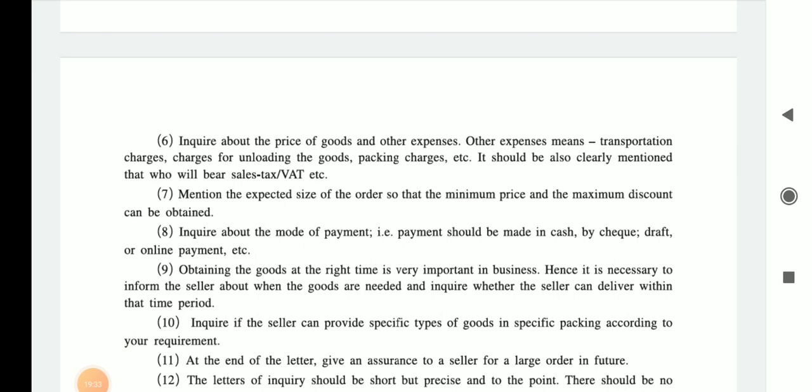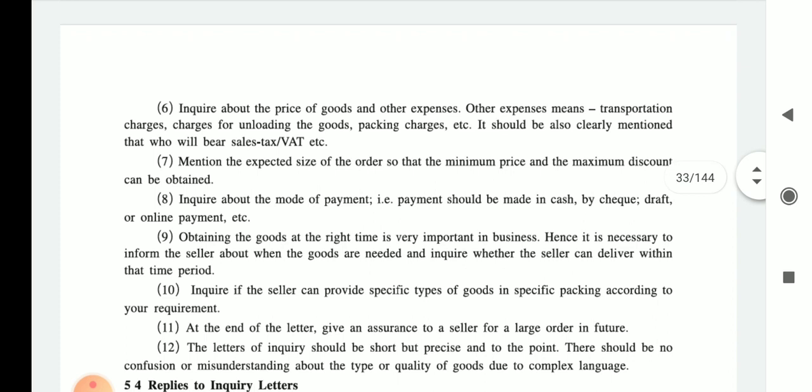While you are writing an inquiry letter, you have to make clear the products and goods, as well as the many expenses which are laid on the products' price, very clearly.